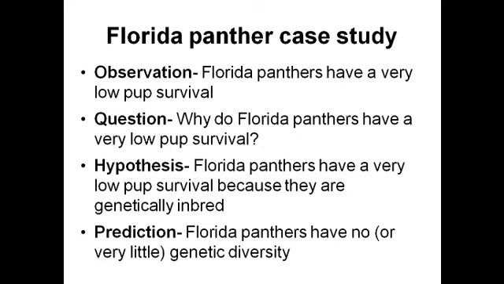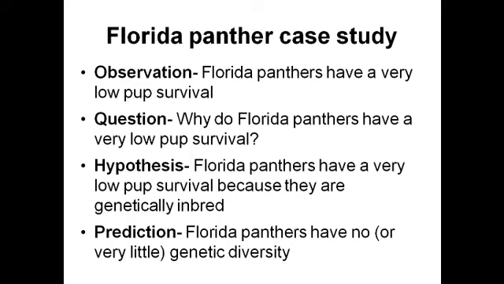Okay, so we are going back to one of our original observations, and we are going to be elaborating on it. Florida panthers have a very low pup survival, right? And then we asked this question because we didn't know the answer: why do Florida panthers have a very low pup survival?